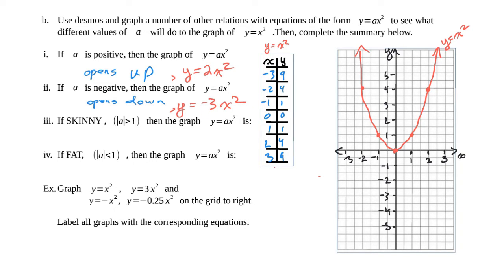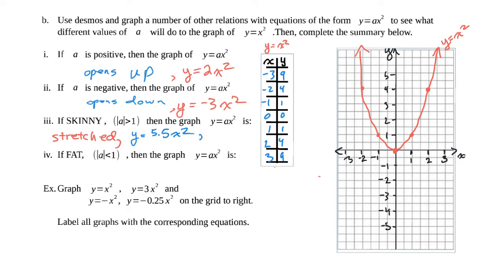All right, now let's go over the skinny concept. A graph is skinny. That means the value, ignoring the sign, is greater than 1. And we say that it is stretched. So here is an example of a stretched graph. You'd have y is equal to 5.5x squared.